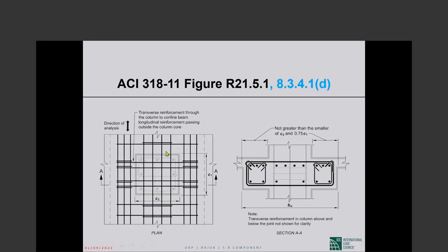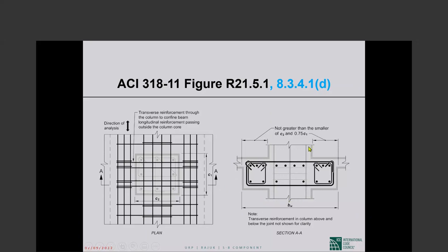Okay, the column has dimension C sub 1. The column dimension in the direction of analysis is always C sub 1. The perpendicular direction is C sub 2. And then we cut this section AA. You see the section here. This is the C sub 2 dimension.